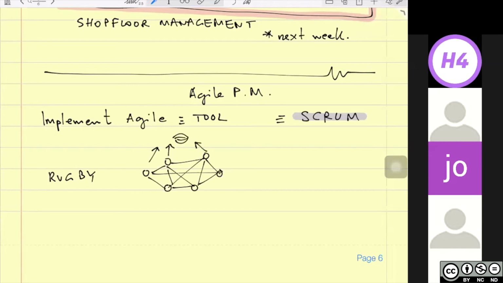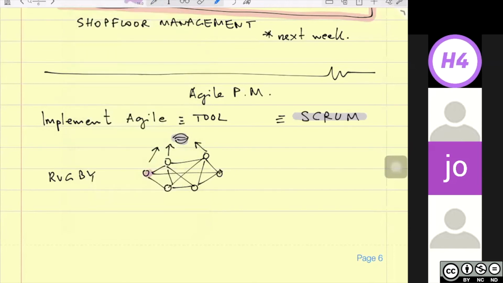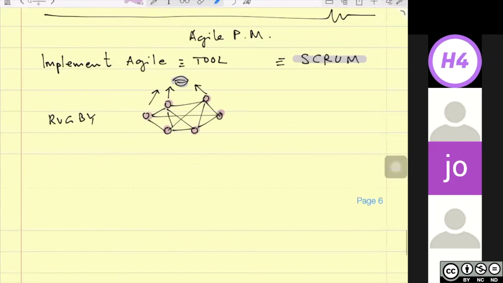Okay, this is a Scrum. The ball, of course, is just figurative. The ball is the project goal, and the Scrum of players are trying to get the ball and achieve the goal. Okay, so what is Scrum, and why is it so important for Agile?